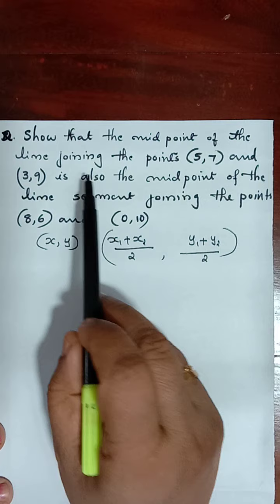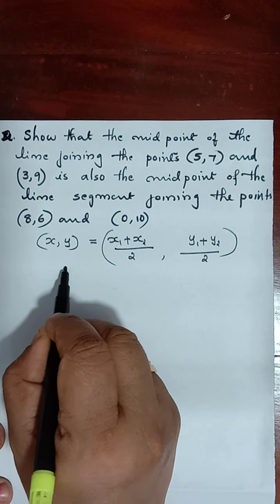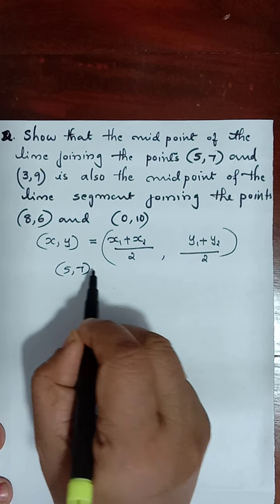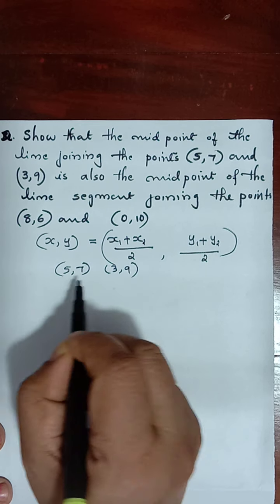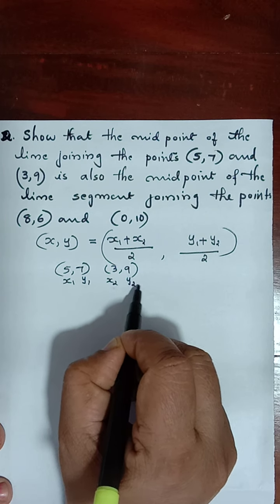Here we have the line joining the points 5, 7 and 3, 9. The first point is 5, 7 and the next point is 3, 9. This is our x1, y1 and here x2, y2.